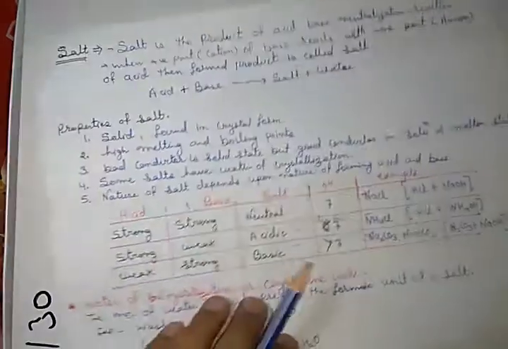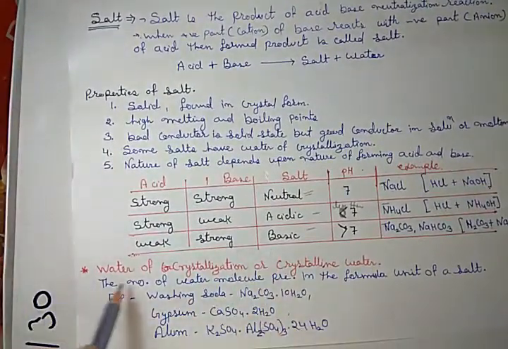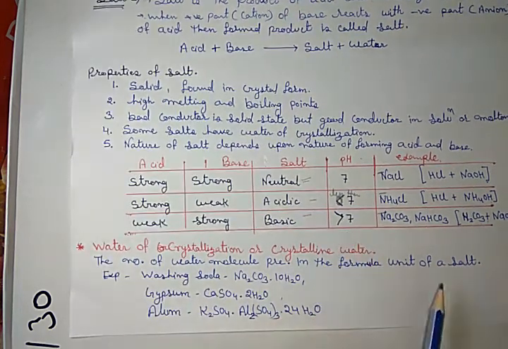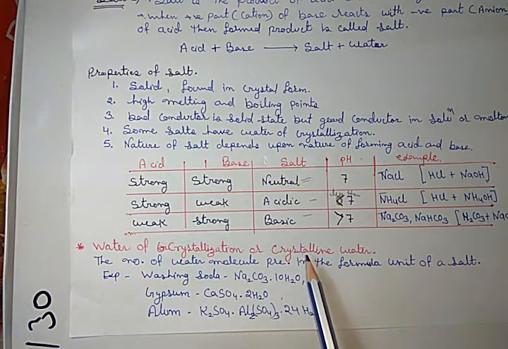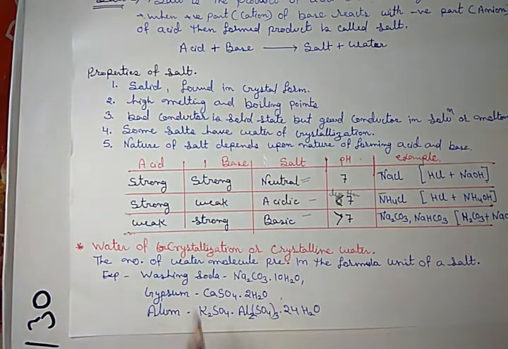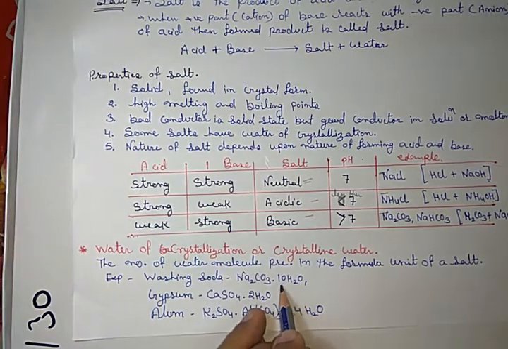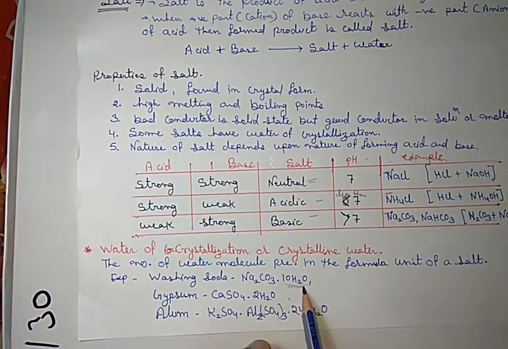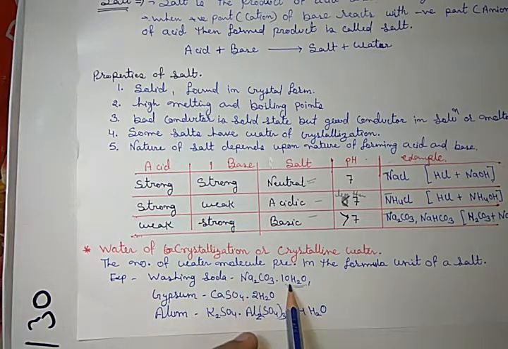Now our final topic: what is water of crystallization or crystalline water? The number of water molecules present in the formula unit of a salt is known as water of crystallization. An example is washing soda. Here this 10H2O is found with Na2CO3, so this is water of crystallization.